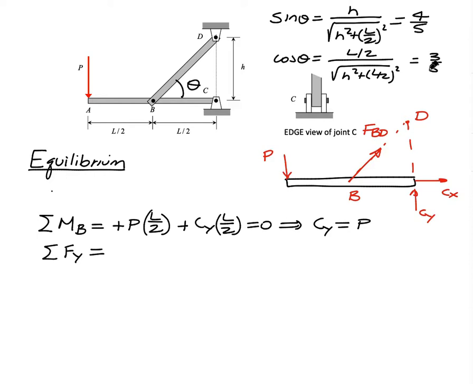So when I sum forces in Y, I've got minus P, I've got FBD times sine of this angle, which I just found, plus Cy. For equilibrium, therefore, what we have is that the load carried by member BD is equal to P minus Cy divided by sine theta.